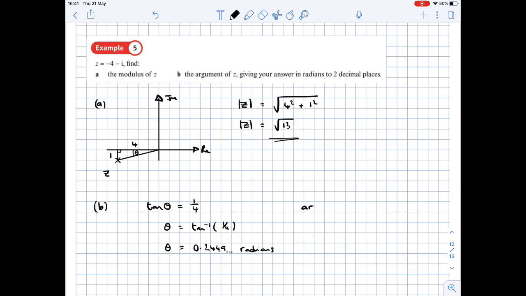We're looking for the argument of z, written as such, and this is equal to, well, if we think we come minus pi, and then we come back theta, so we're going to add on 0.2449, which we keep on our calculator, and when we type that in, we'll get an answer of minus 2.90 radians, and that is to 2 dp as required.